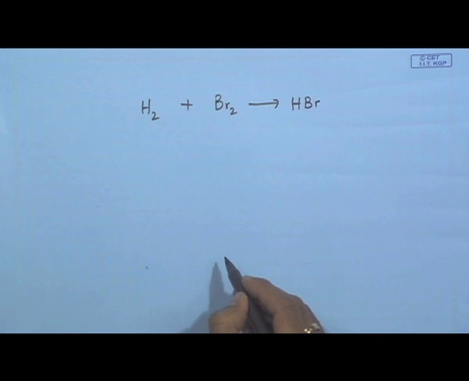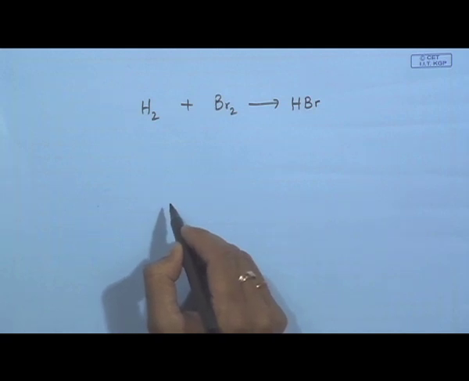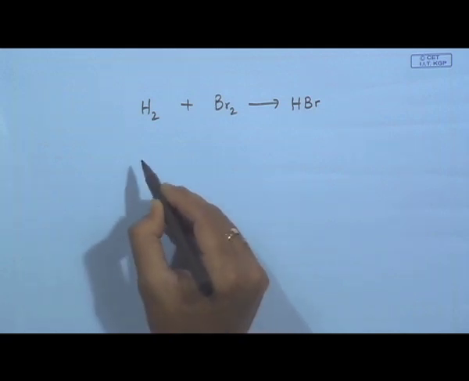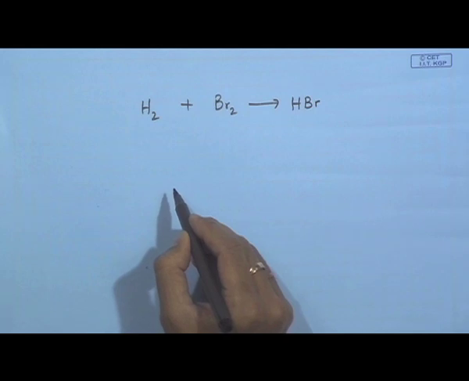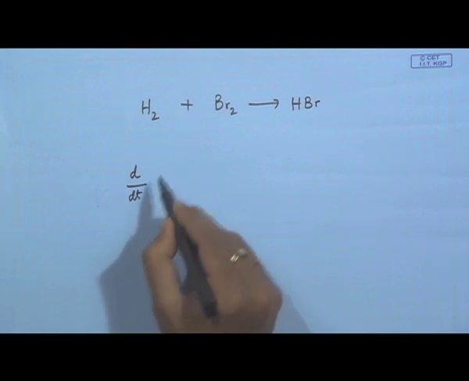It is found that the rate of production of HBr has a very peculiar dependence on H2 concentration, Br2 concentration and also HBr. So, let us write that and we will try to find out how this is coming.